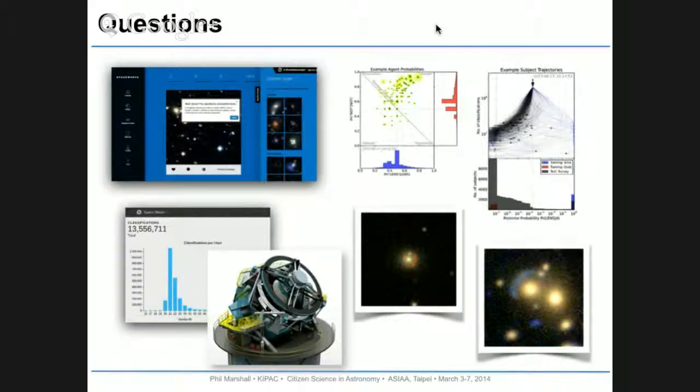I haven't looked in detail at numbers, but I can tell you stories. It seemed that there were a small number of super users that got very into the classifying, but then started to tire, and they were happy to find the opportunity to do some lens modeling instead. There's also a group of very committed lensing aficionados, some of whom helped build the site, and they've been the ones that are most active with the modeling.